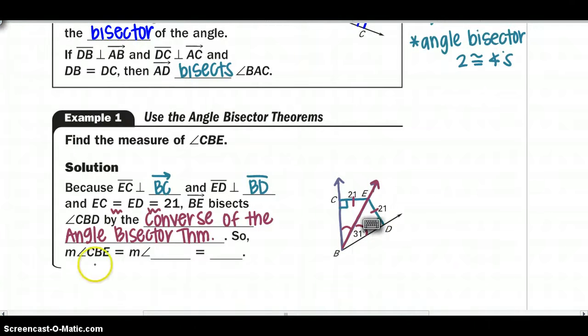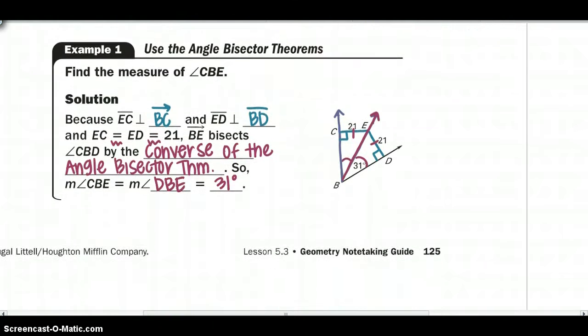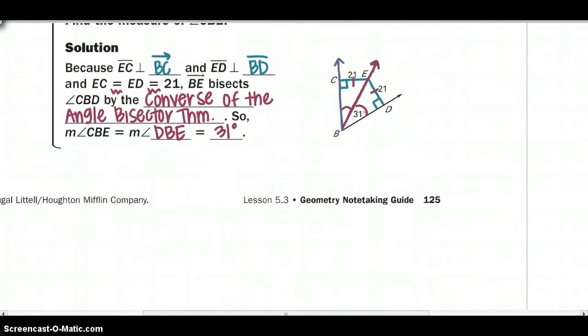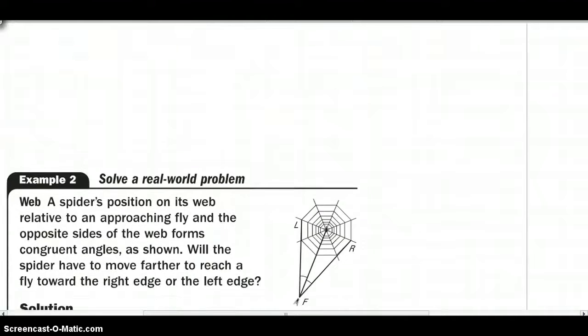Since I know that the measure of CBE is equal to the measure of angle DBE, I know that angle CBE equals 31 degrees. So just a reminder, the converse tells me that I do have an angle bisector.